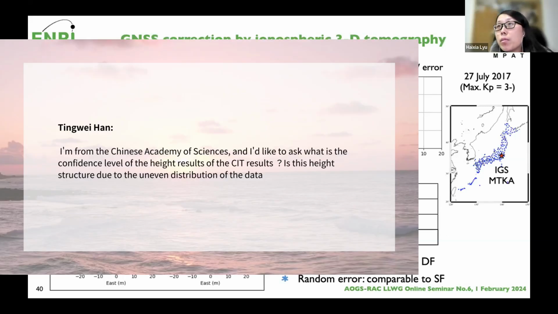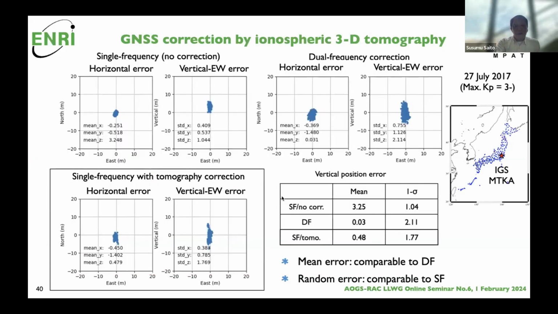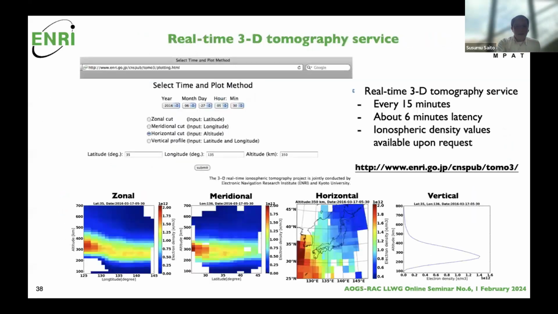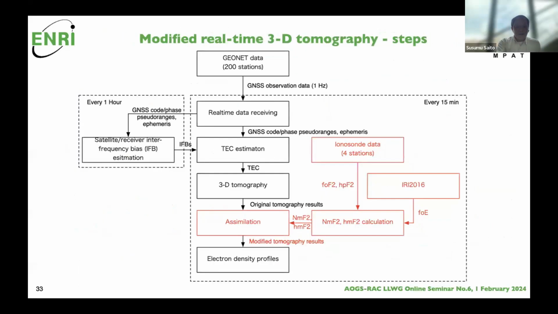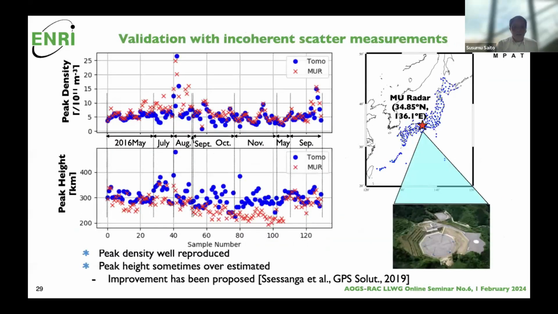I think we have more questions from the chat. What is the confidence level of the height structure? Is this height structure due to uneven distribution of the observations?